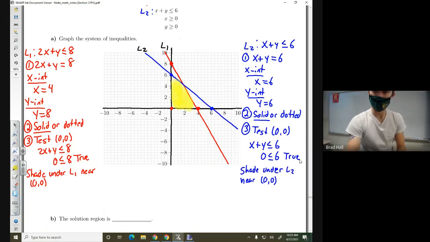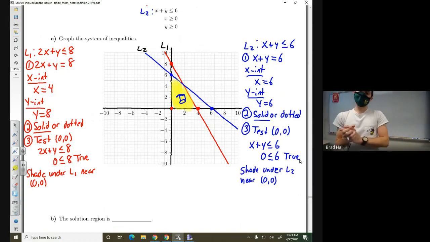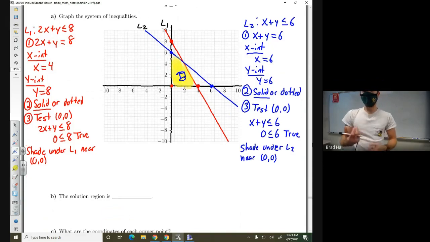Or in other words, this is where you would put that paint bucket thing. And it would shade for you. And then for part B, because part B is pretty simple, part B is asking, is this shaded region bounded or unbounded?